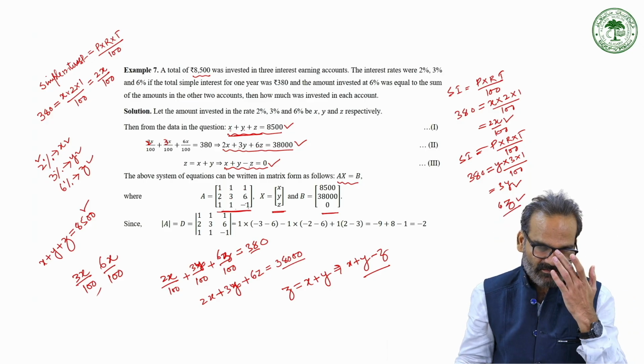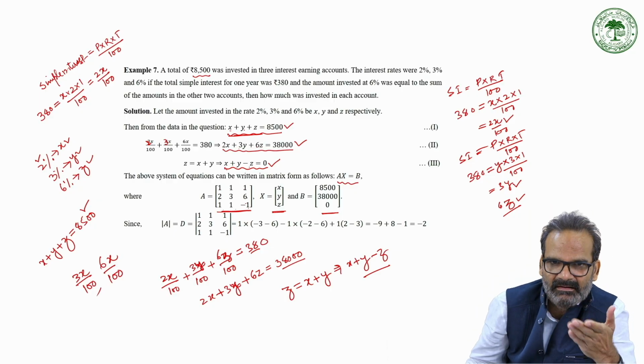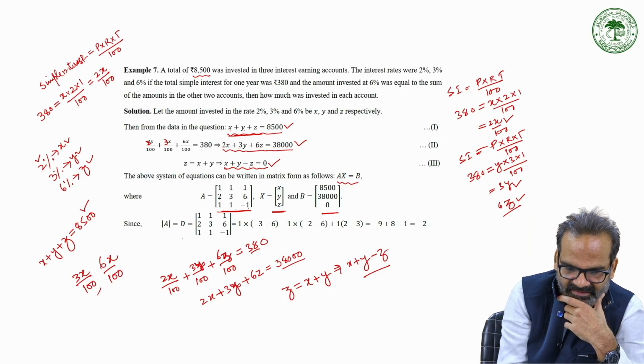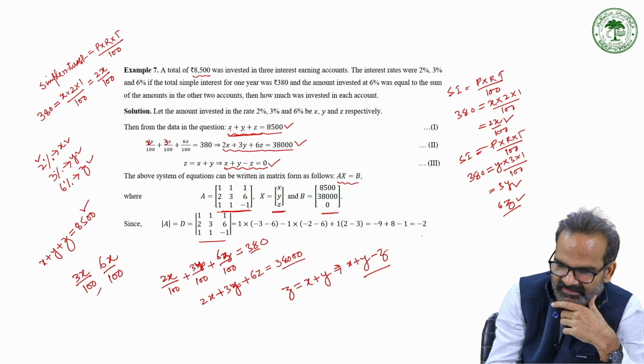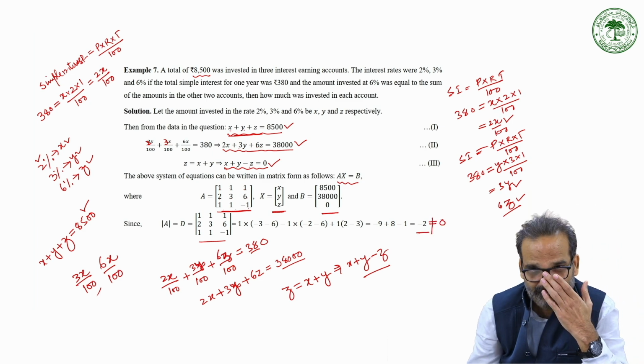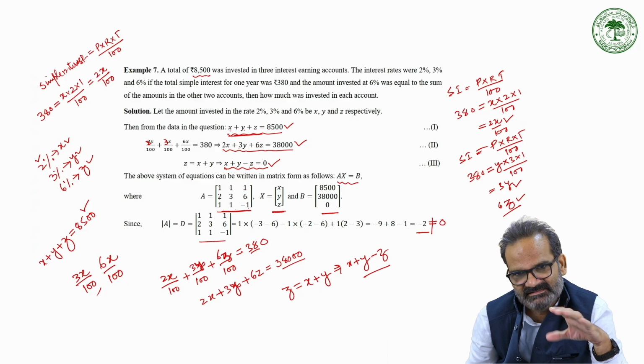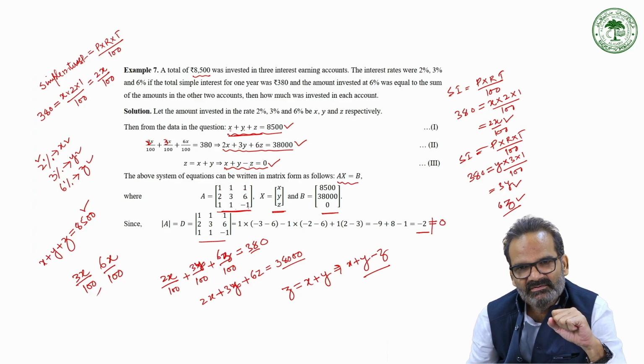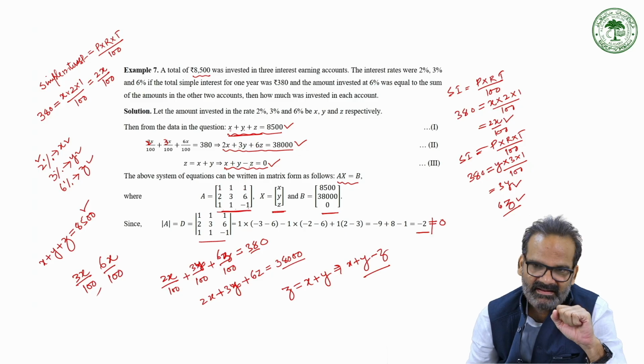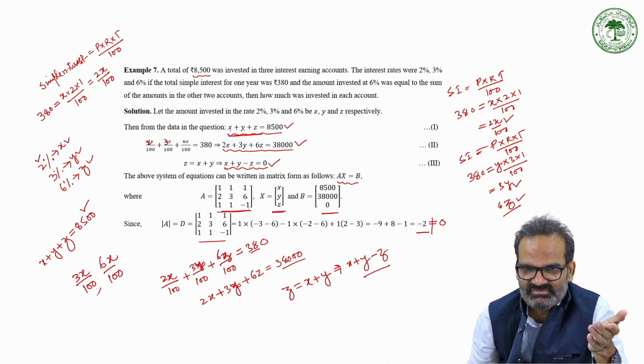Now start the process of finding the solution. So the determinant of A, that is D, is coming out to be minus 2, right? So this is not equal to 0. And naturally, when for a system AX is equal to B the determinant is not equal to 0, it directly implies that the system has a unique solution, right?